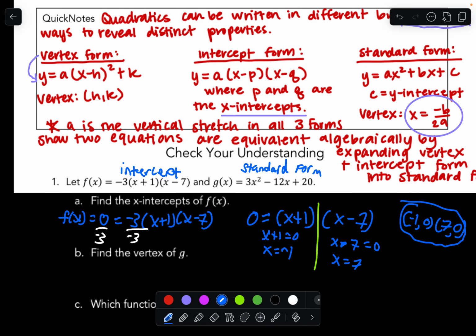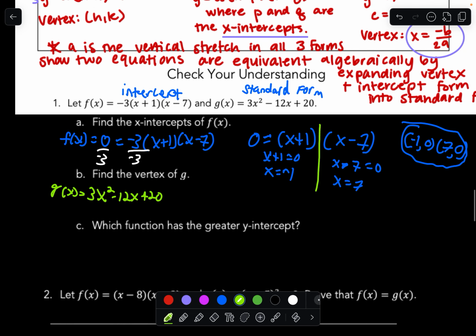Now it says find the vertex of g. G is the standard form. This is why I'm doing this again, because I found the intercepts, or the vertex of f. But g of x is equal to 3x squared minus 12x plus 20.